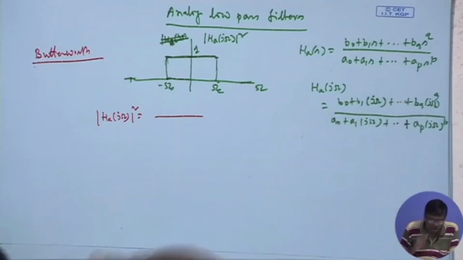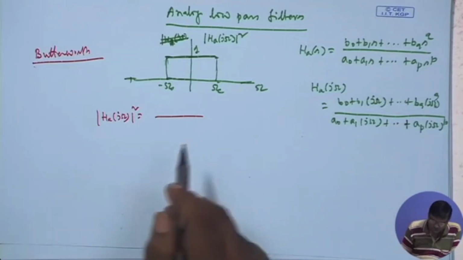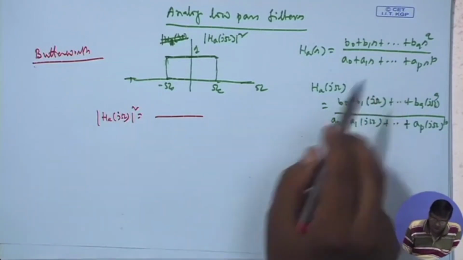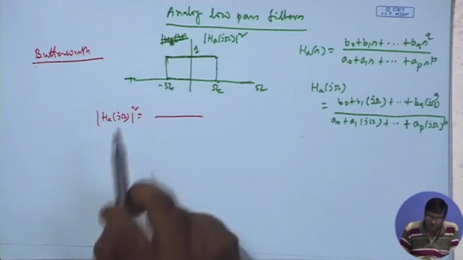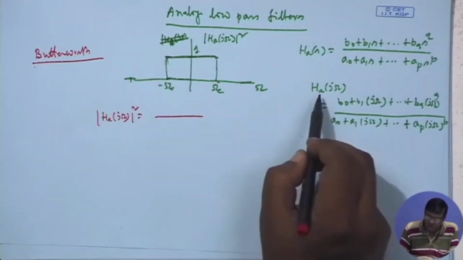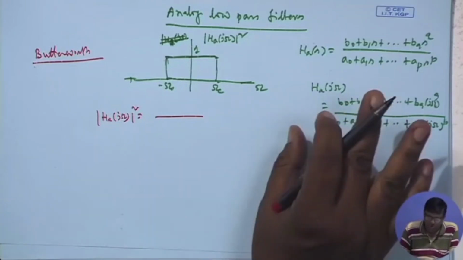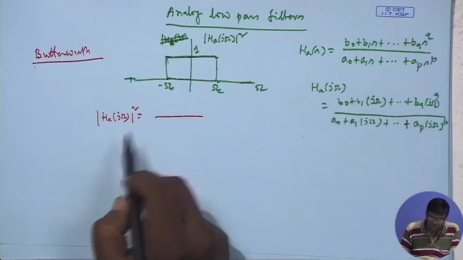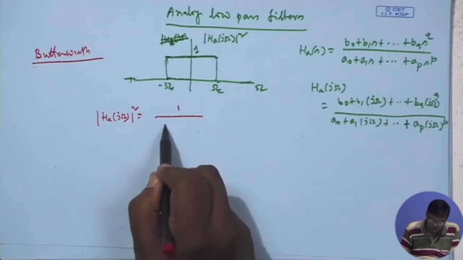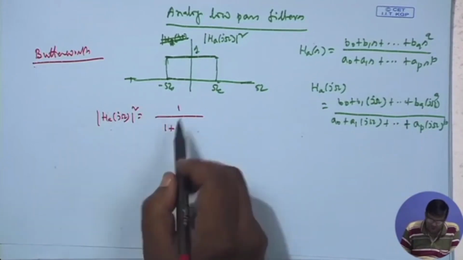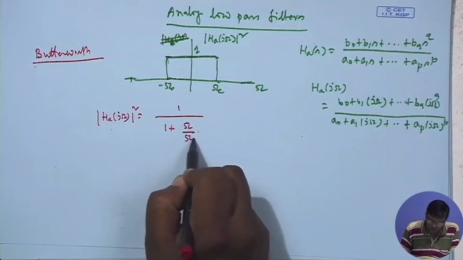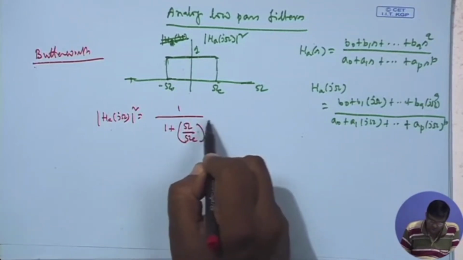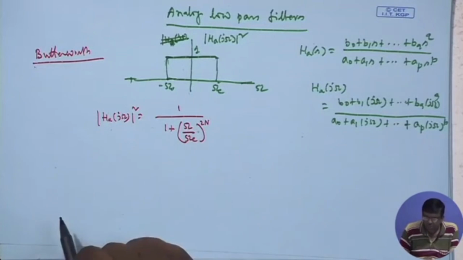But the function that we are using is called the Butterworth function. For this, H(j omega) will be a particular type, so that when you take the mod square, it will be 1 plus, and mod square means it will be real, so obviously it will be omega by omega c, suppose, to the power 2n, where n is an integer.